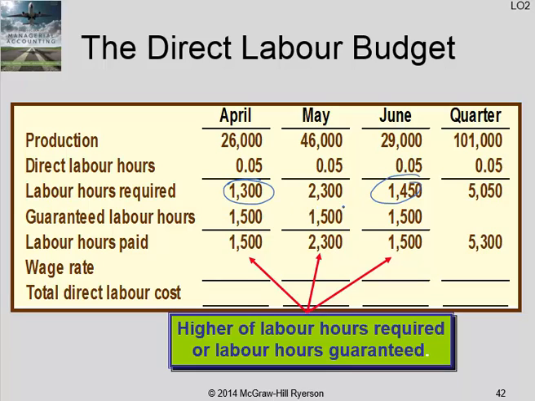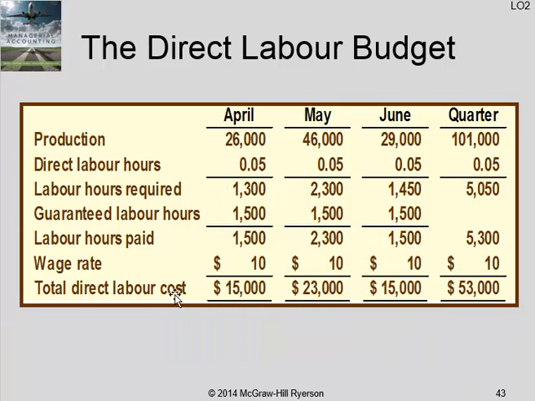That one there and that one there both get boosted to the minimum of 1,500, and so this is what we're actually going to be paying. Times the wage rate of $10 an hour, and that should give us the direct labor cost per month. There normally isn't much of a lag in paying, just usually maybe a couple of days. So often we can disregard the effect of paying the labor in the month afterwards. It's not normally a significant factor.